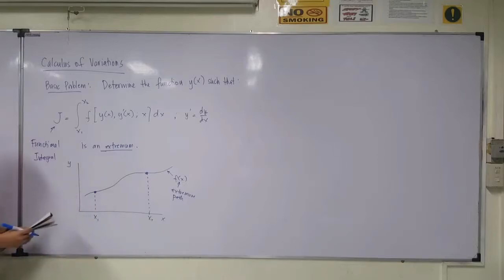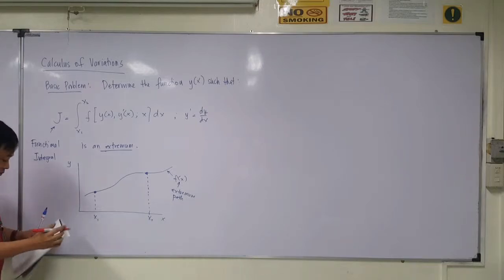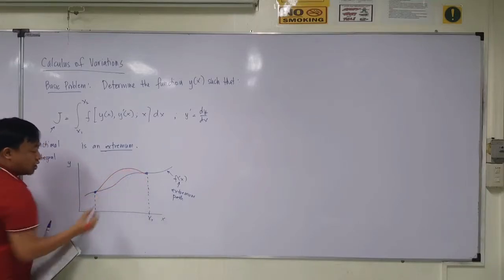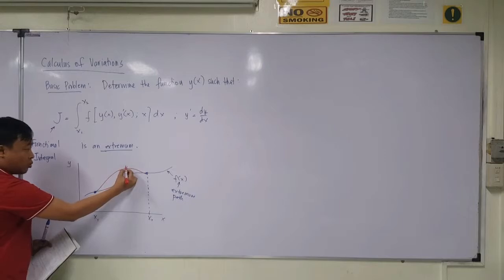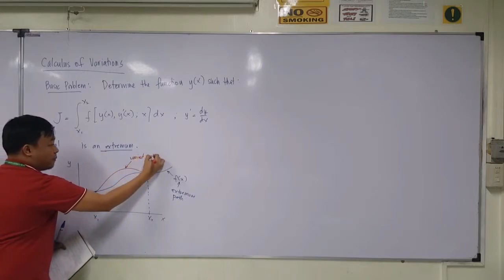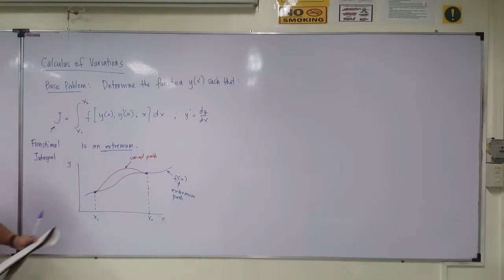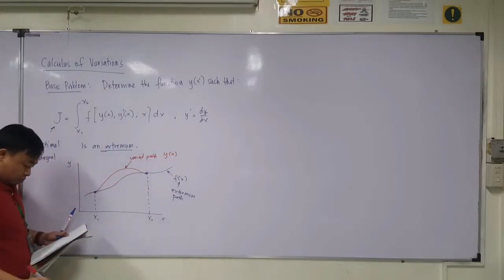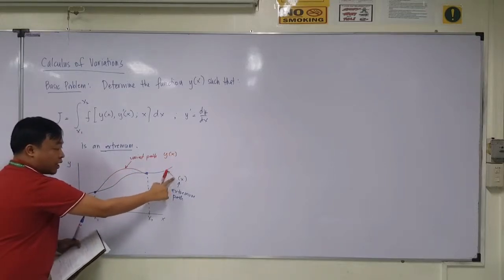So we're going to assume that we put some variation in this function and try to minimize that in order to get the extremum function that we want to identify. For example, instead of going this path, you want to get this path. This path is what we call your varied path.